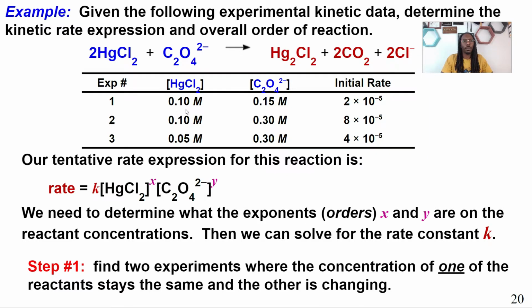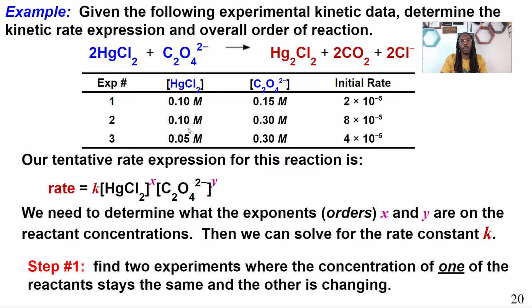In experiment 1, we use 0.1 molar of this mercury chloride and 0.15 molar of the oxalate, and we have our initial rate here at 2 times 10 to the negative 5.